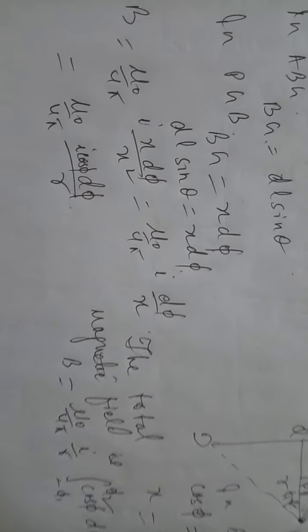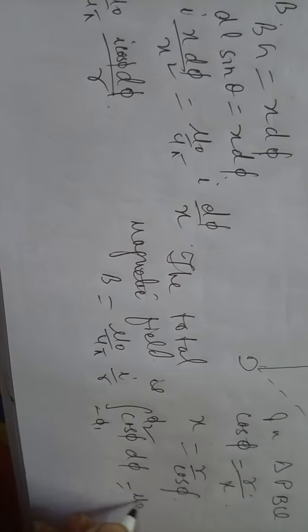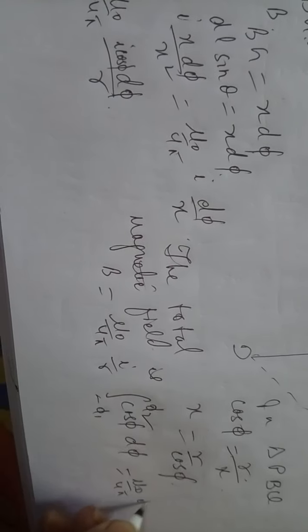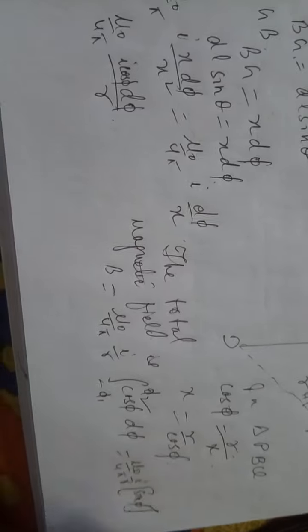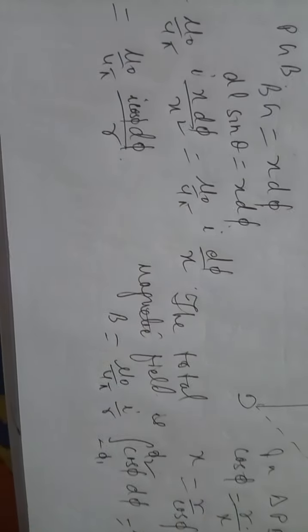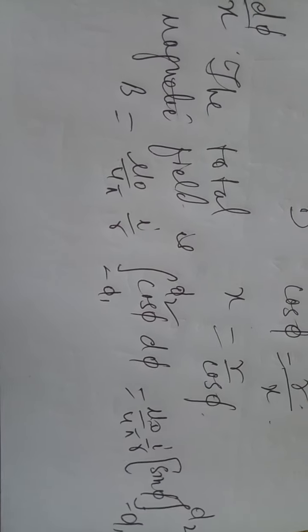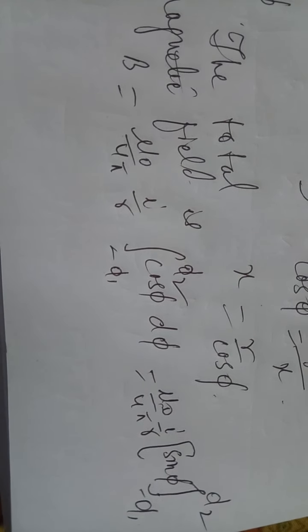When we integrate cos phi, we get sin phi. This equals mu 0 by 4 pi I by r times sin phi, with limits from minus phi 1 to plus phi 2. Let us substitute the limits.